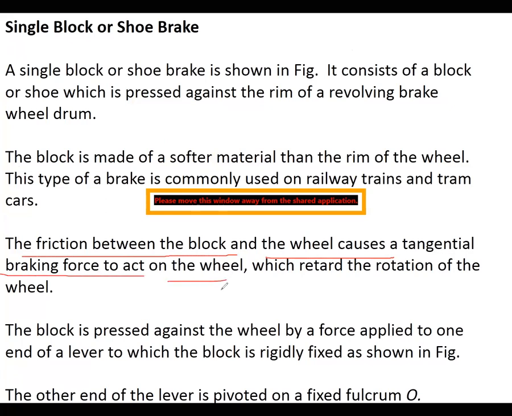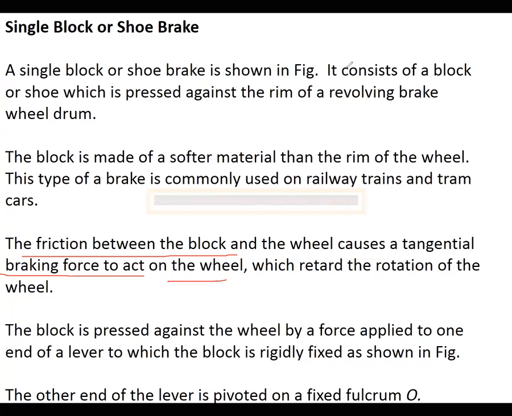Whenever pressure is applied on the block or shoe, the shoe provides a tangential frictional force on the rim, so that the rim or the wheel gets retardation and comes to a static position. Now I'll show you how the tangential force is acting.